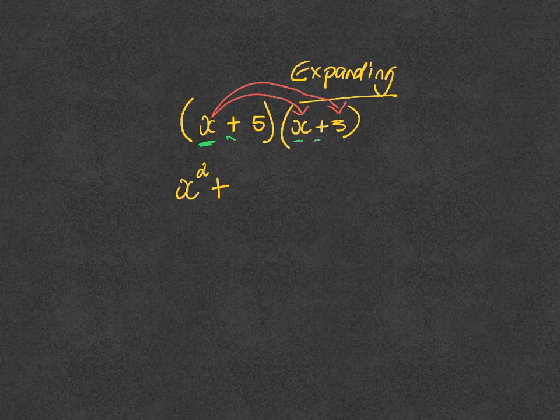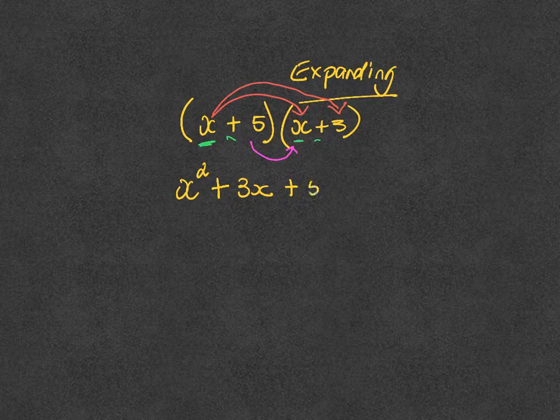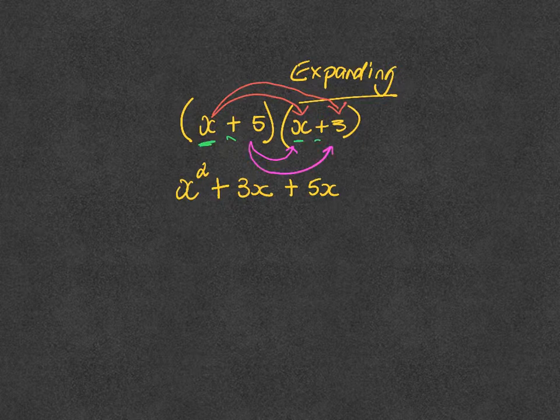So x times 3 is 3x. Plus, now we're going to go positive 5 by x, so that will be 5x. And then we're going to go 5 by 3, which is 15.